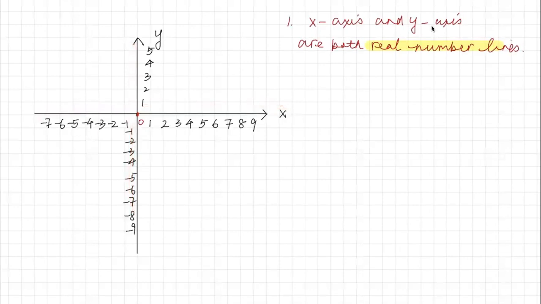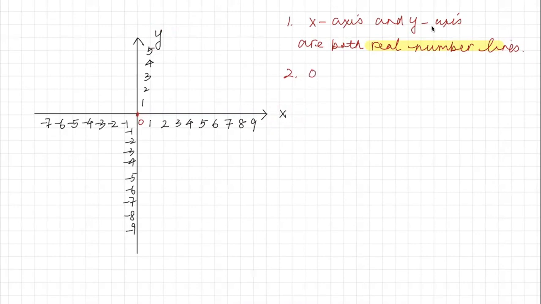straight lines. Number two, we know that the intersection of the x-axis and y-axis, which is this point, is called the origin.